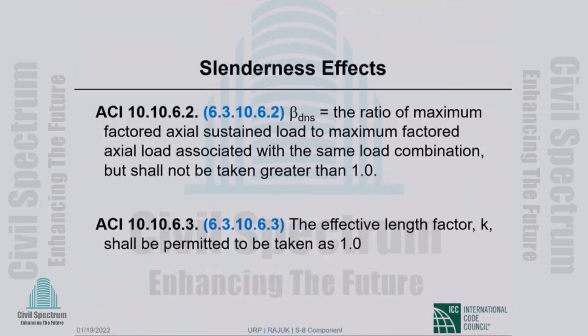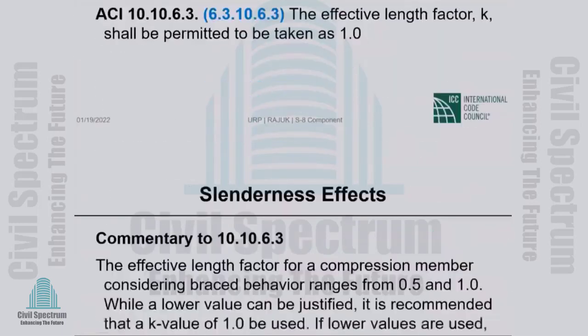What I just said, I take that back. Here it is not sustained lateral loads, it's any sustained load. So here you have to deal with beta sub ds: the ratio of maximum factored axial sustained load to maximum factored axial load associated with the same load combination. Without numbers, I cannot really explain any further, but I think that is understandable. This is not under sustained lateral load. This is sustained axial load.